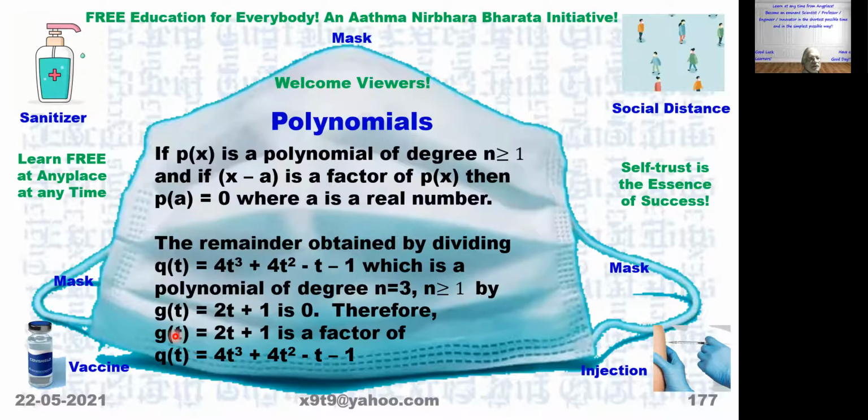Therefore, g(t) = 2t + 1 is a factor of q(t), which is the dividend.